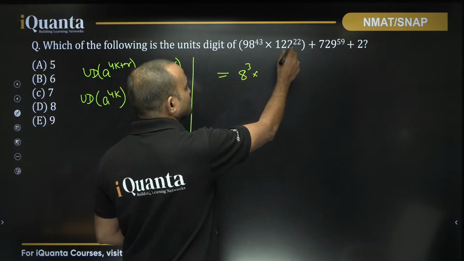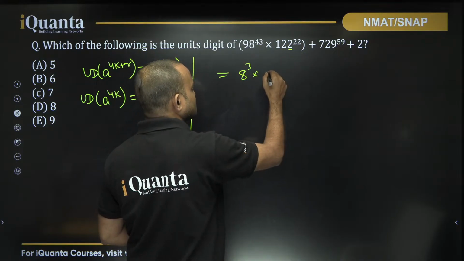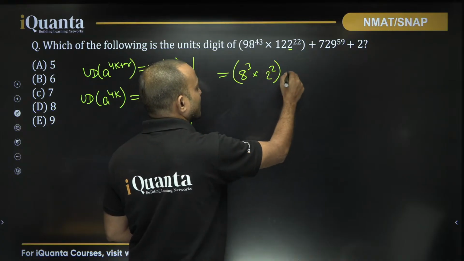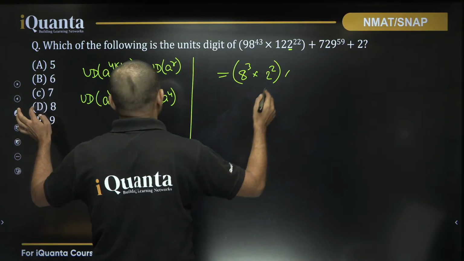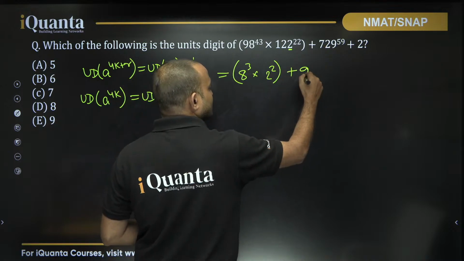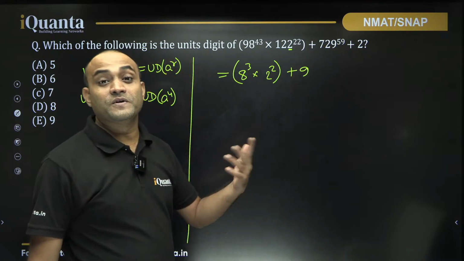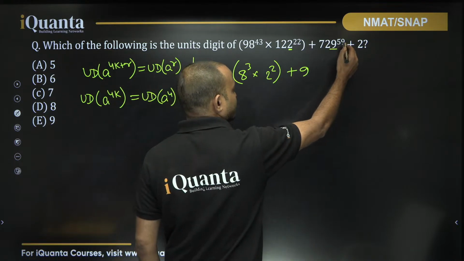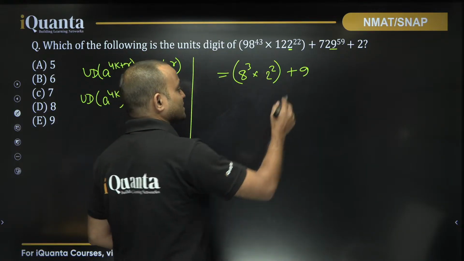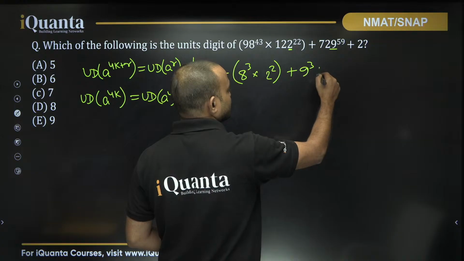This into unit digit we take here as 2, 22 divided by 4, you get 2. And addition here, so unit digit of this will be equal to 9 to the power. Now if you divide 59 by 4, you get a remainder of 3. 59 is 56 plus 3. So this will be 9 to the power 3 plus 2.